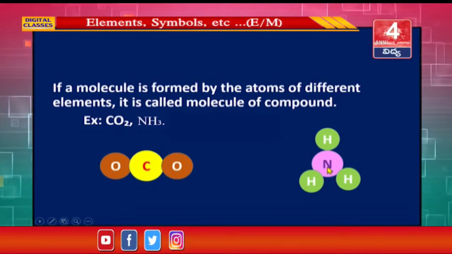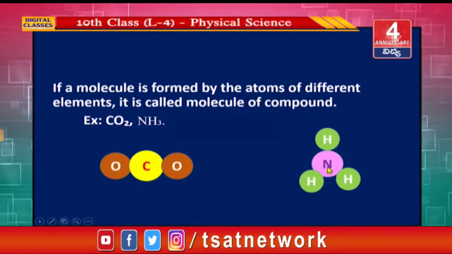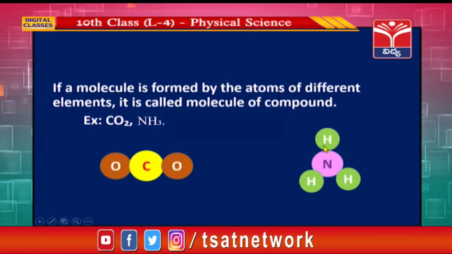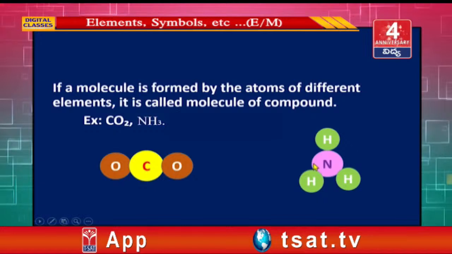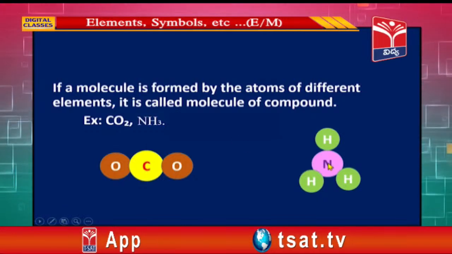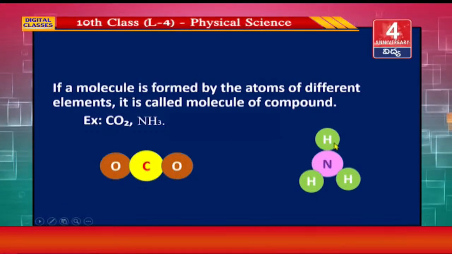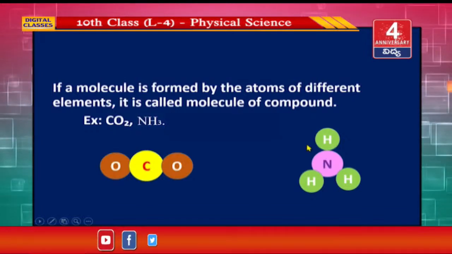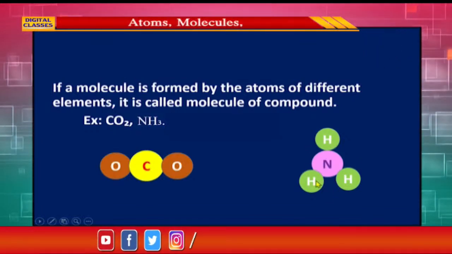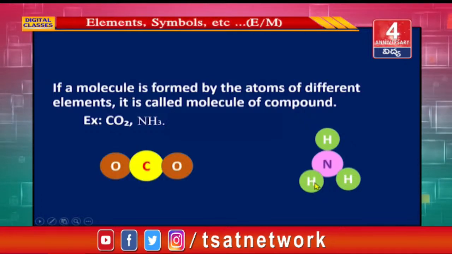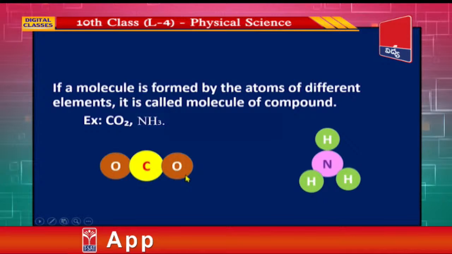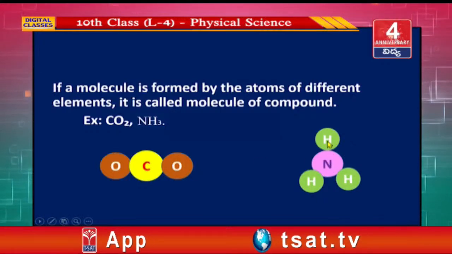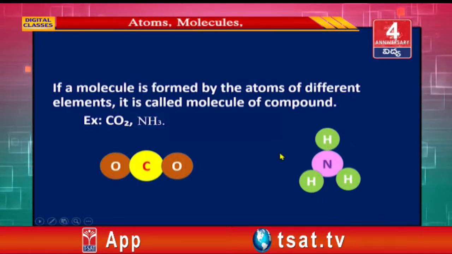Again we have ammonia. Ammonia is formed by the combination of one nitrogen and 3 hydrogens. Okay, children? So here also a particular ratio is there in the formation of ammonia, 1 nitrogen and 3 hydrogens, that is 1:3 ratio. Right, children? So these are molecules of compounds, meaning here the combining atoms are different. Here we have carbon and oxygen, here we have nitrogen and hydrogen. So these are molecules of compounds.